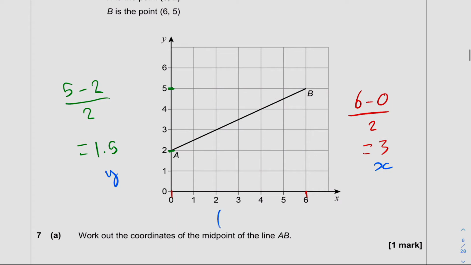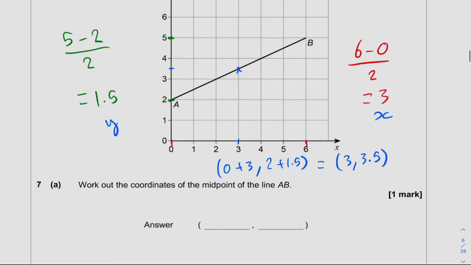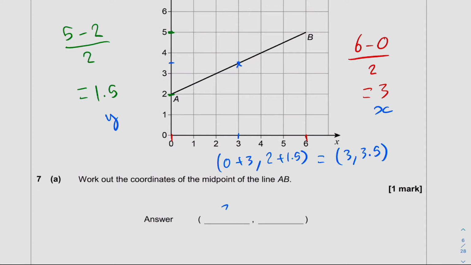So we end up with 0 plus 3, and then we've got 2 plus 1.5, and this comes out as (3, 3.5), and if we plot this on our graph, we go to 3, and then 3.5, and when we do that, we get roughly this point here, which is just from looking at it in the middle of the line. So our final answer is (3, 3.5).